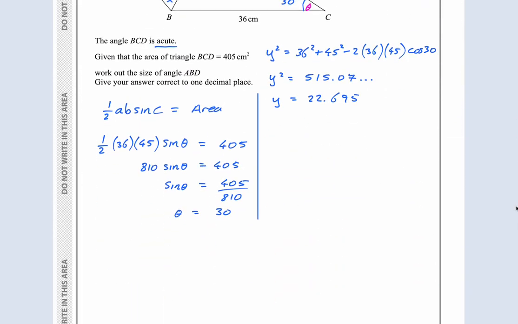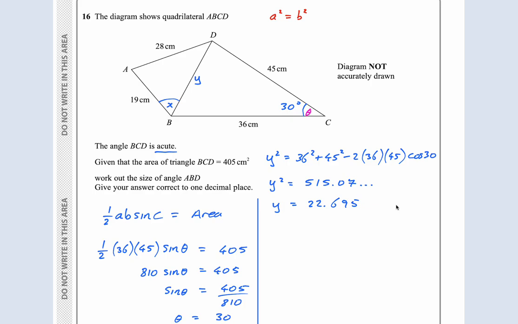So I'm going to do a squared equals b squared plus c squared minus 2 times b times c times cos a. That's the important thing, that these two are opposite each other. That's the angle and that's the opposite side. Now if I rearrange this, I can basically add this whole term, 2bc cos a, to the left, and I'm going to subtract a squared from the other side, giving b squared plus c squared.